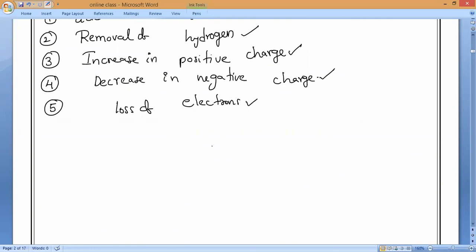Here we need to study a term called oxidizing agent. What is that?